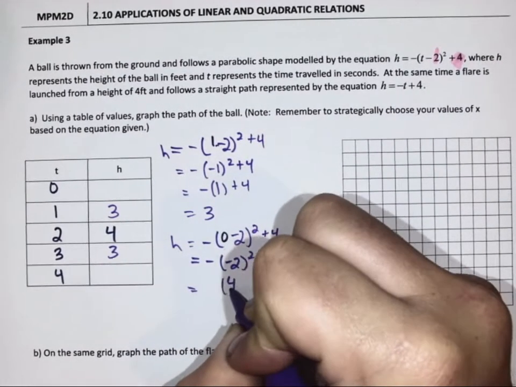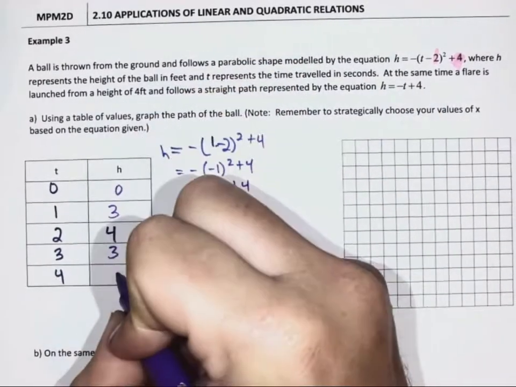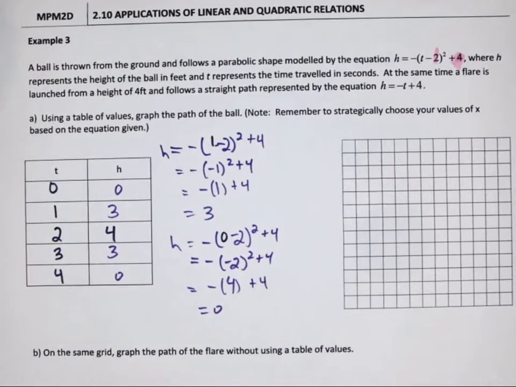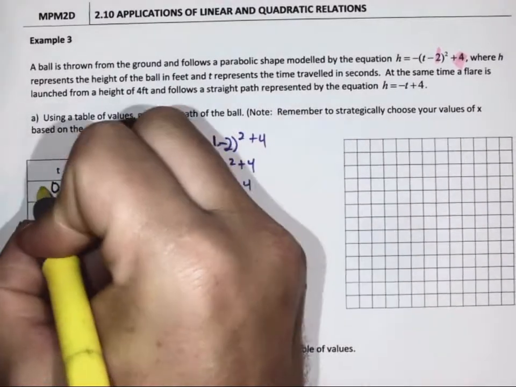Negative 2 squared is 4 times negative 1 plus 4 is 0. So now I have my solutions, my x-intercepts. I have a maximum height, and I'm going to graph accordingly.